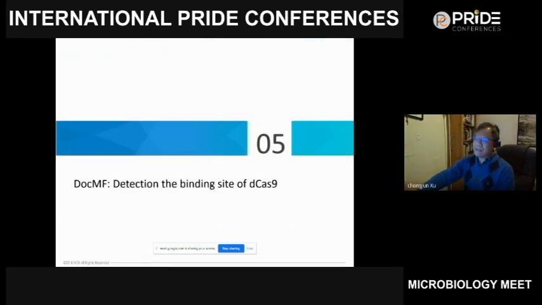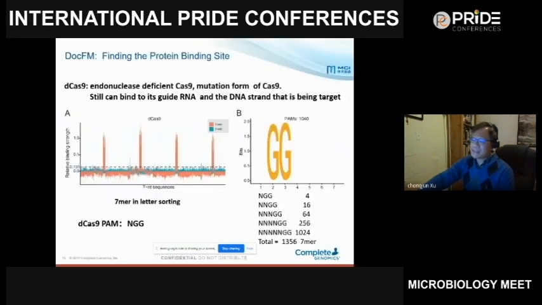Then we looked at the binding site, testing with dCas9. dCas9 is a mutant of Cas9. It has the ability to bind the guide RNA, but it cannot cleave. We do the same analysis, and with this frequency plot, we can see the 5' end has almost equal frequency for all the 7-mers.